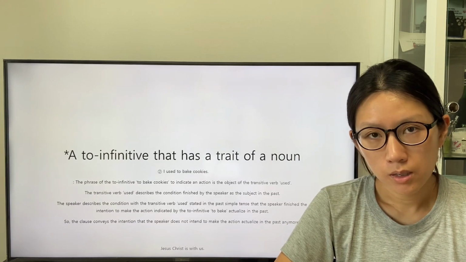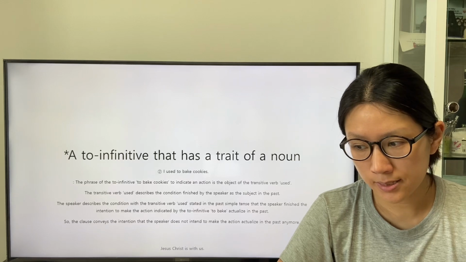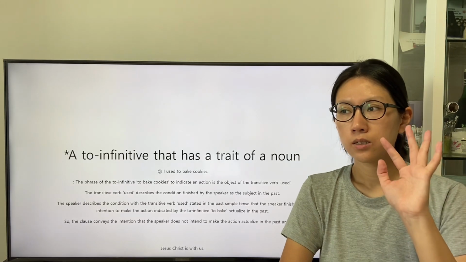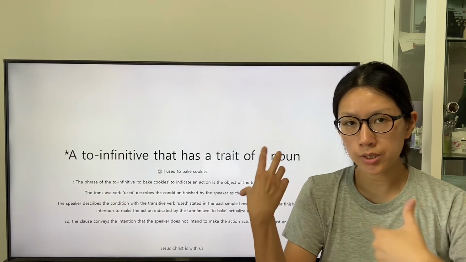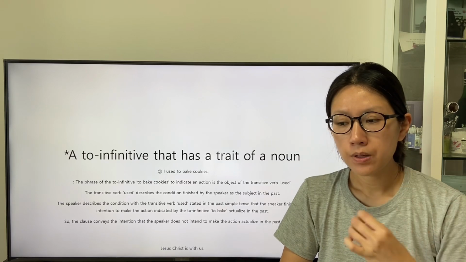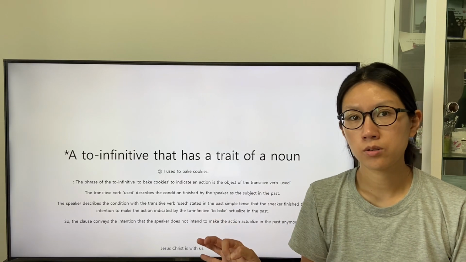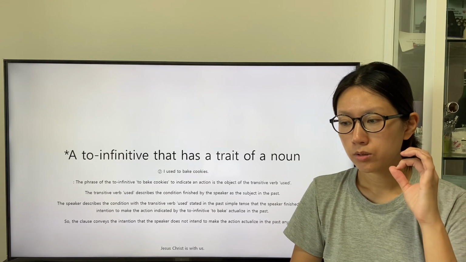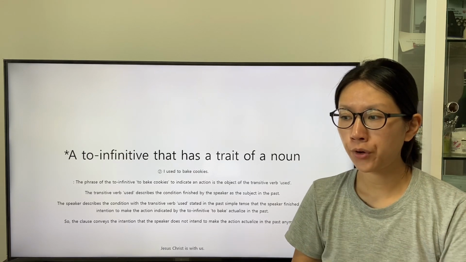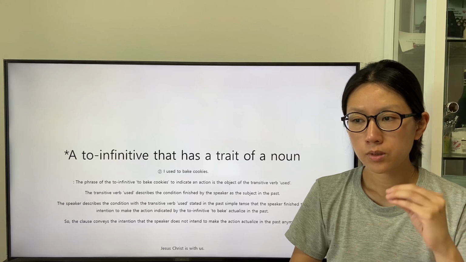The assumption in the past became a condition that was actualized in the past. We can discern the difference between the assumption and the assumed experience, condition, or action.